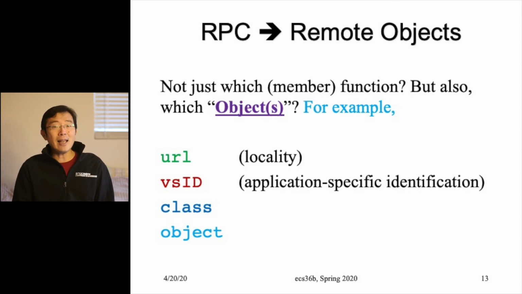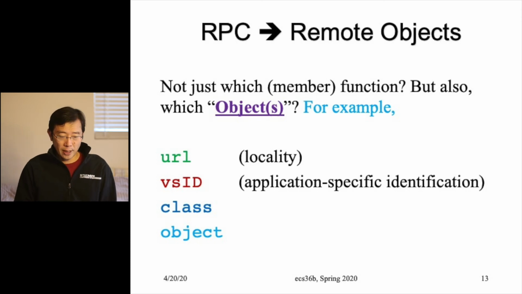And then within the object space, I need to know whether I'm dealing with the right class or a particular object. So these four attributes put together help us identify where I can find the right object.